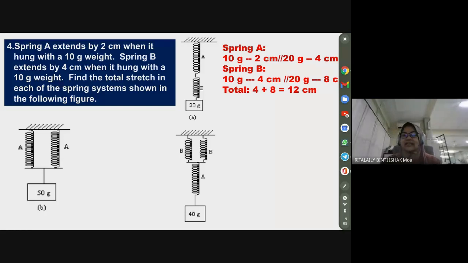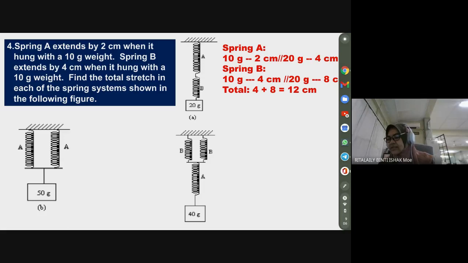So what is the extension for B? And in B, we have 50 gram of weight. So what is your answer? Okay, so that's 10 cm.